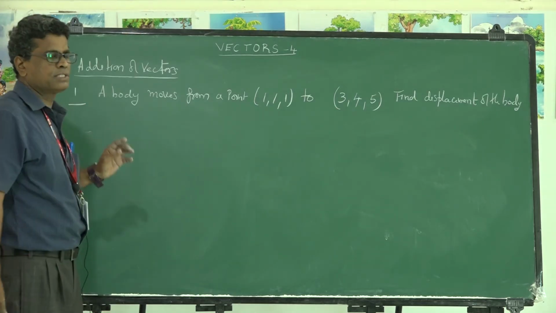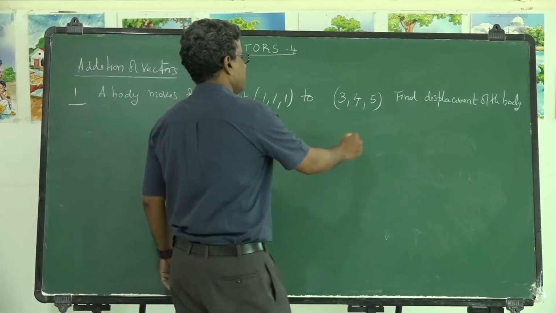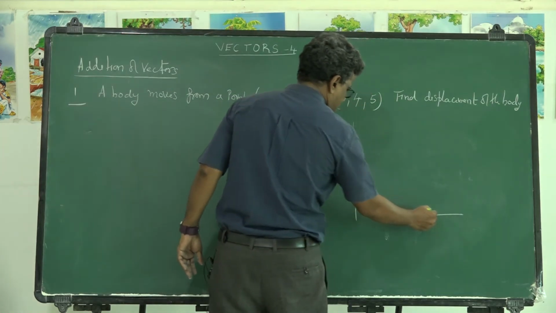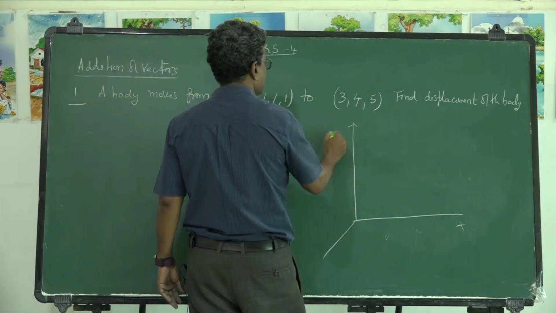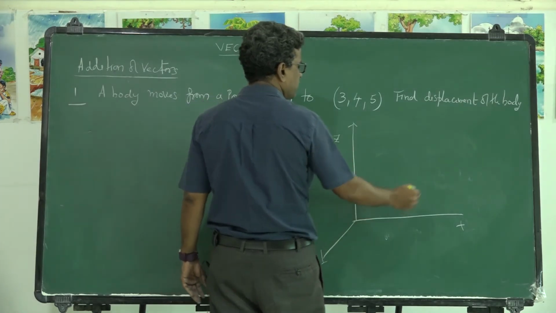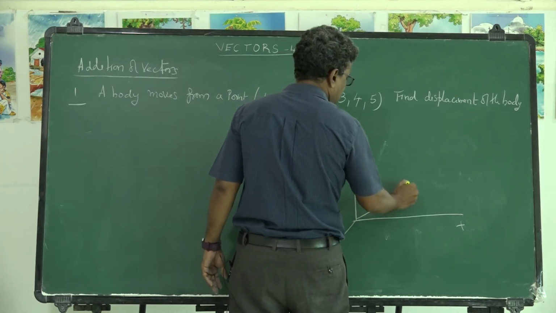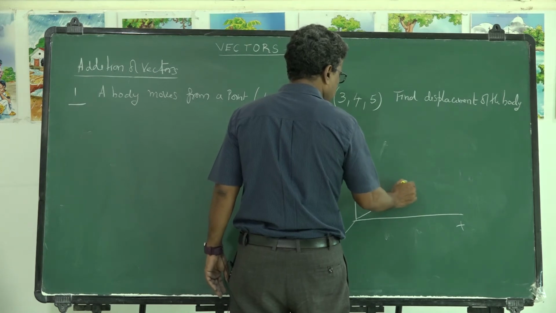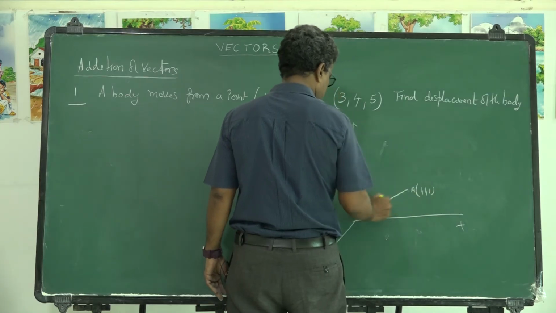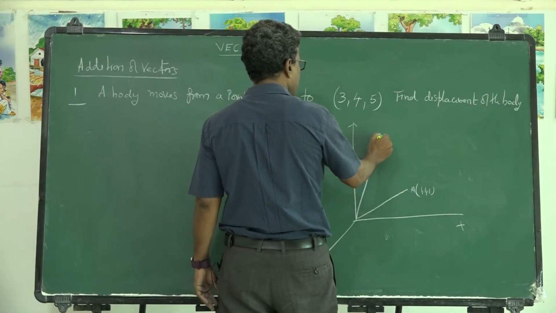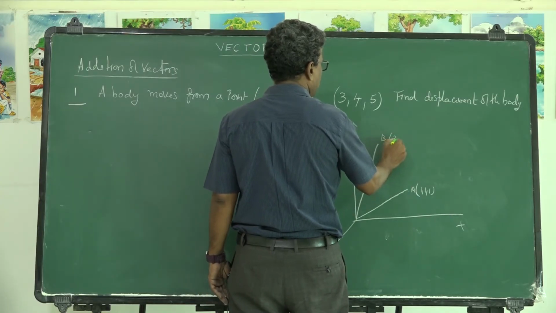So how can we solve this one? These are the coordinates of the body or particle. First, represent them in the coordinate system, the x, y, z axes. It moves from a point A, 1, 1, 1, to a point B with coordinates 3, 4, 5.